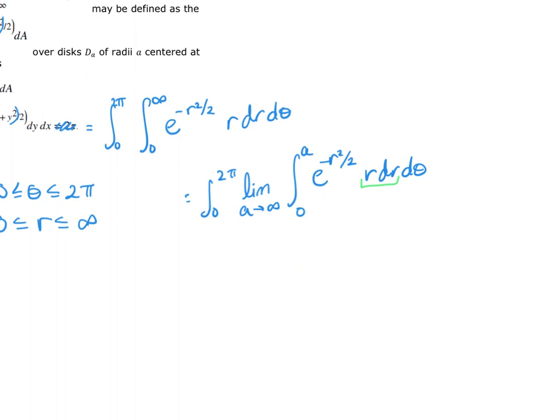So then this is just going to be equal to, from 0 to 2 pi of the limit as a approaches infinity of negative e raised to the negative r squared over 2, evaluated from 0 to a, d theta.